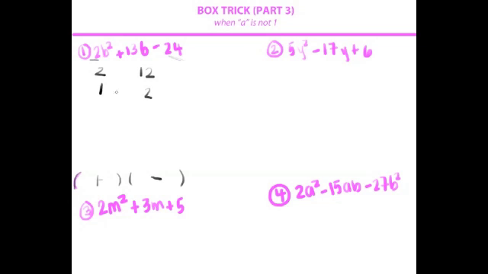So remember, we start in this top corner and we go 2 times 2 is 4. Bottom corner, 1 times 12 is 12. If I subtract 12 minus 4, is that going to end up giving me 13 in the middle? No. If I subtract, I'm not going to get 13, so that doesn't work out.